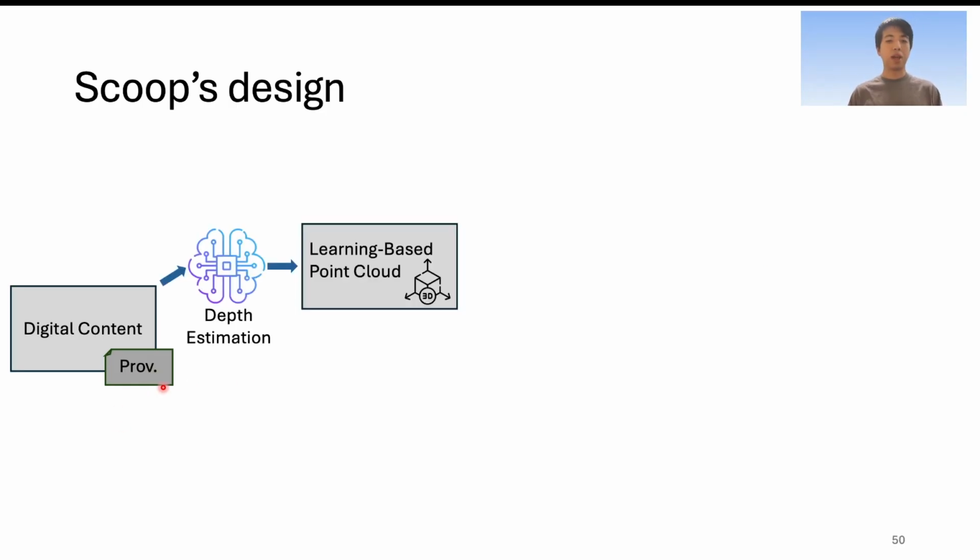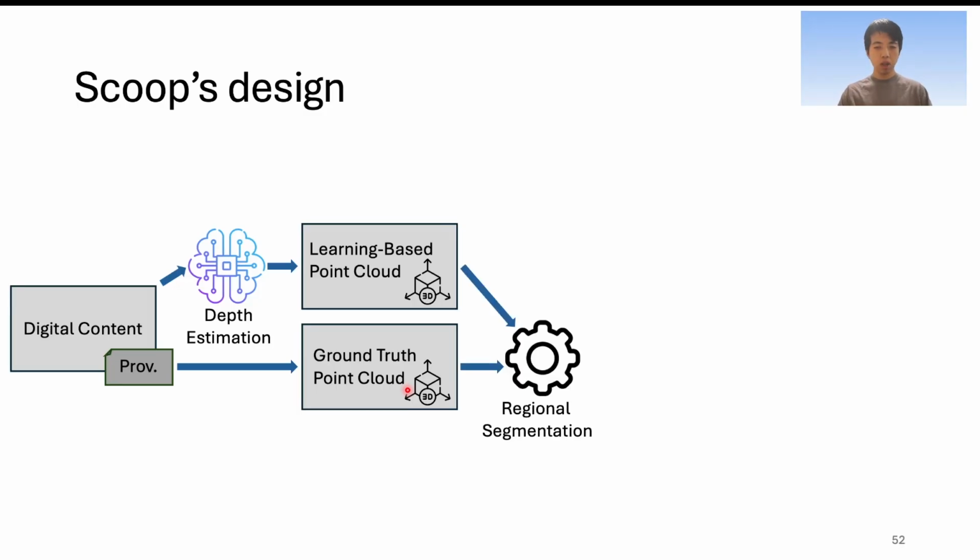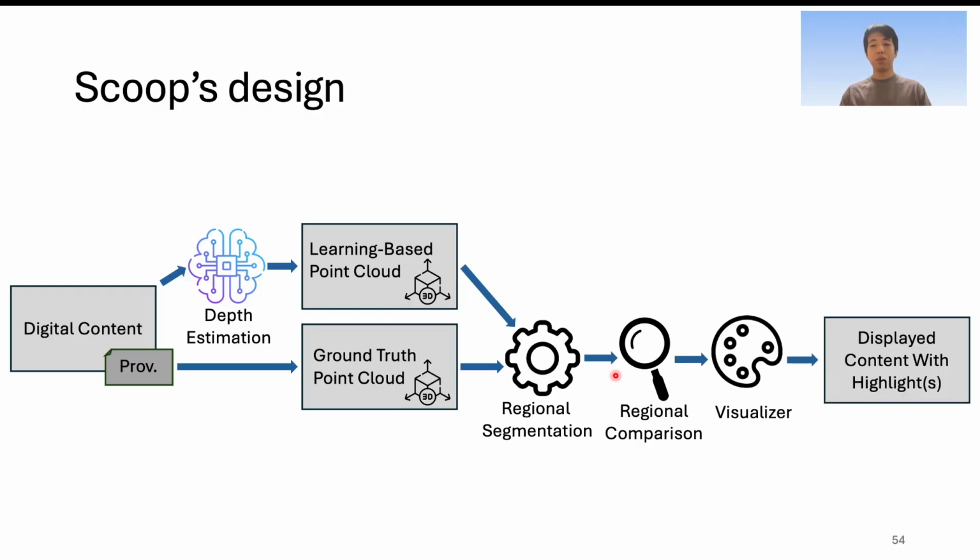It has to be depth enabled, and then using just the RGB content of the digital content, we can use a depth estimation algorithm to generate a learning-based point cloud. We can also generate a ground truth point cloud using just the depth-enabled provenance. We will then do regional segmentation, regional comparison, and then finally, we can highlight those regions that disagree with each other.